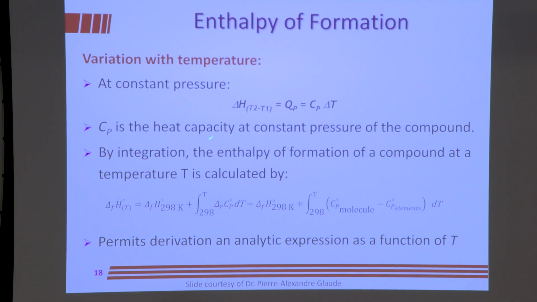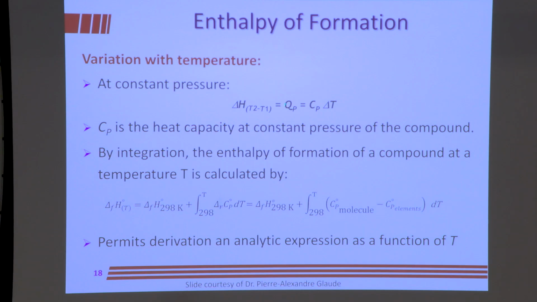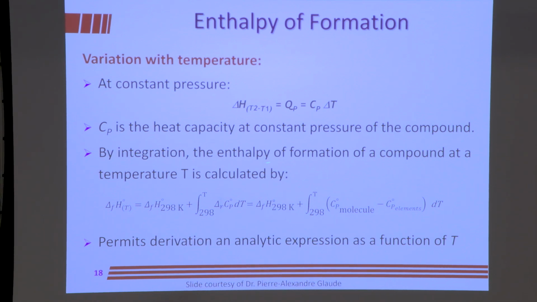Okay, so we have the enthalpy of formation is equal to the heat, which is equal to the integral of Cp dT. So Cp is the heat capacity at constant pressure of a compound. By integration, the enthalpy of formation of a compound at a temperature T is calculated by the change in enthalpy is equal to the change in enthalpy at 298 plus the integral from 298 to T of delta Cp dT.